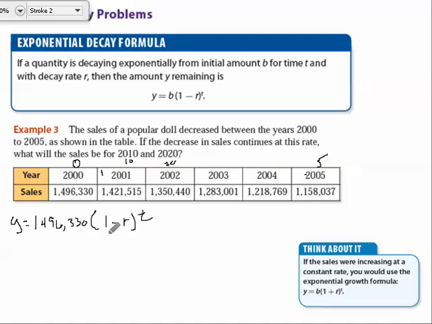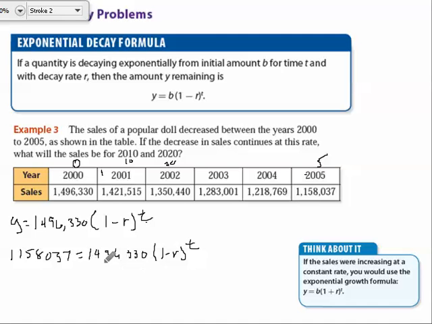Let's look at what 1 minus r to the 5th would be. Well, do we have to? We know what that value is going to be. It's 1,158,037 is equal to 1,496,330 times 1 minus r to the 5th power.